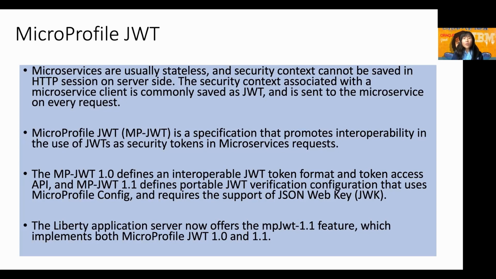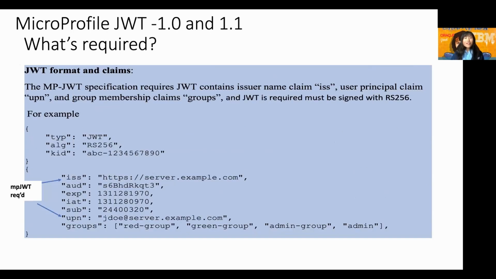In 1.1, it also includes support for JWK and so on. OpenLiberty supports both MicroProfile JWT 1.0 and 1.1. So that's the quick run through the requirements.